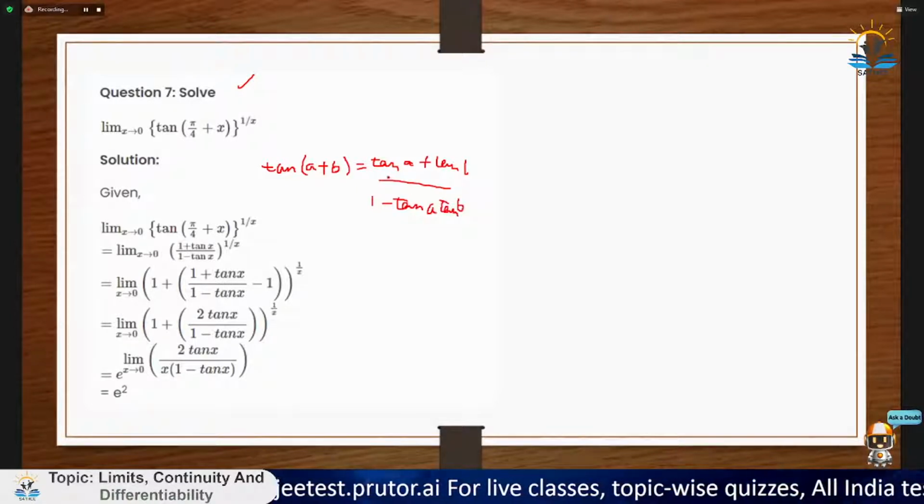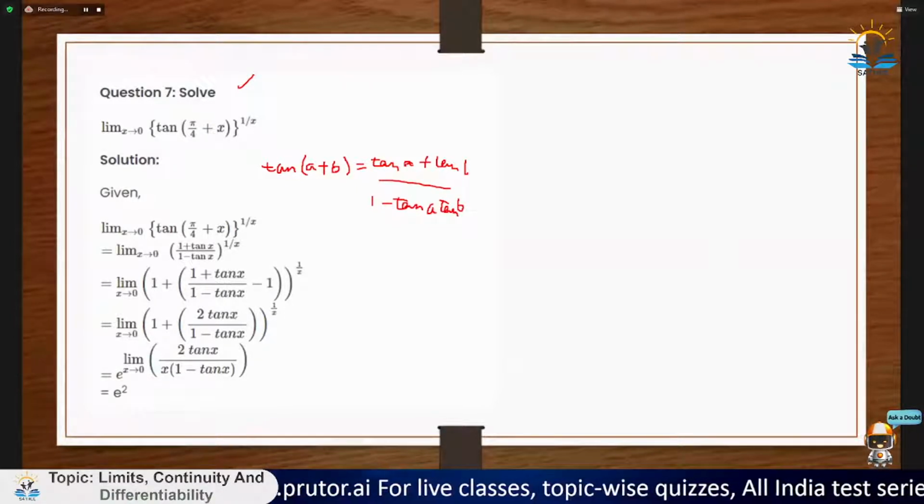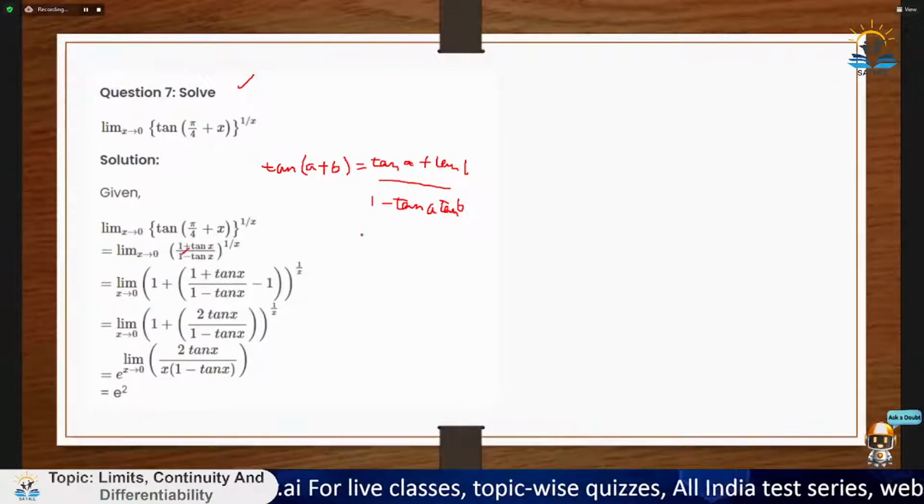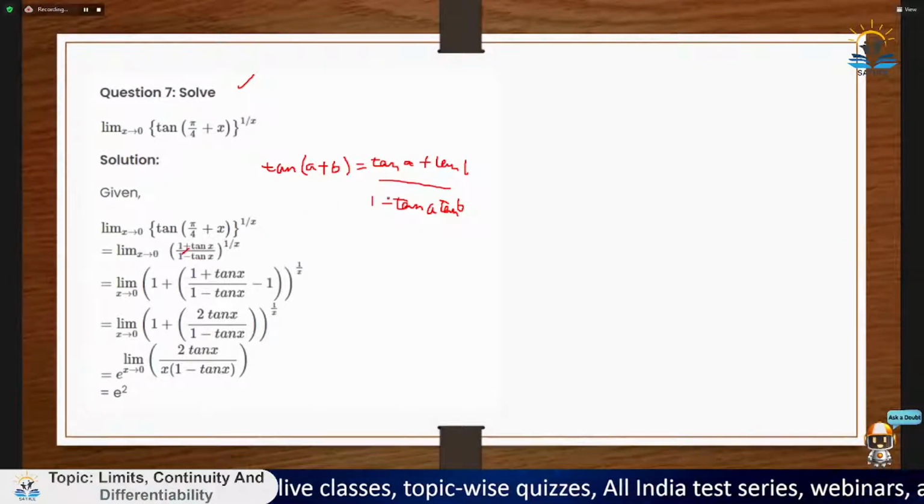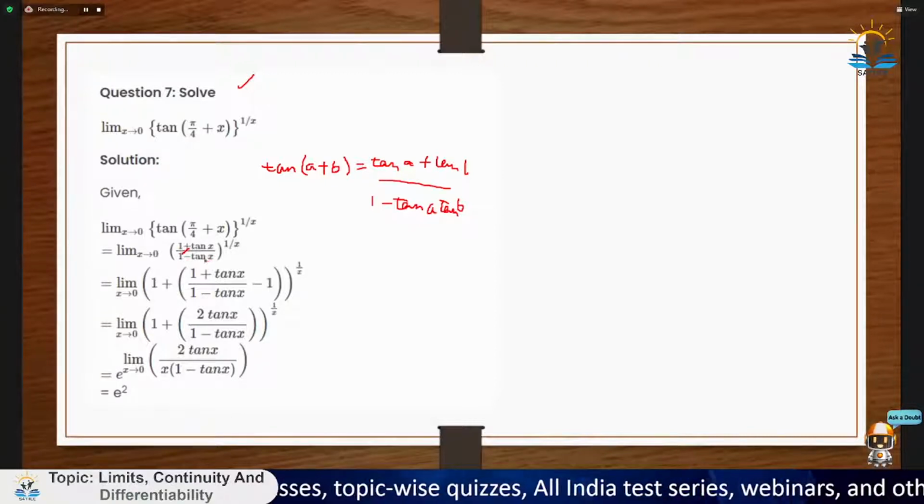Okay, so from here you just put a equal to pi by 4, tan pi by 4 is equal to 1, so you get 1 plus tan x upon 1 minus tan x. So you are getting this thing.